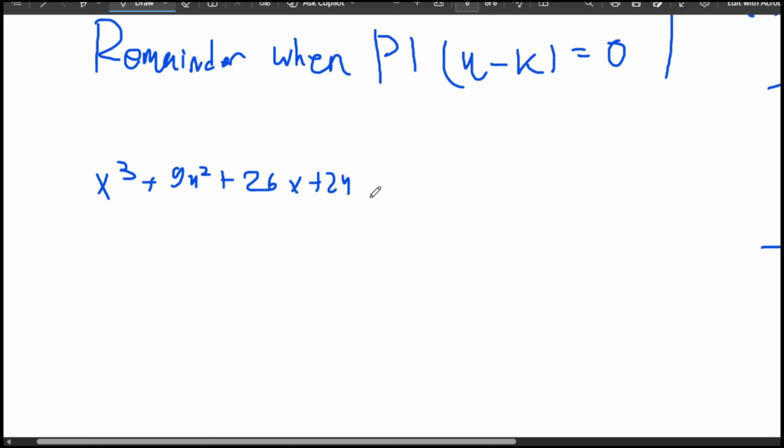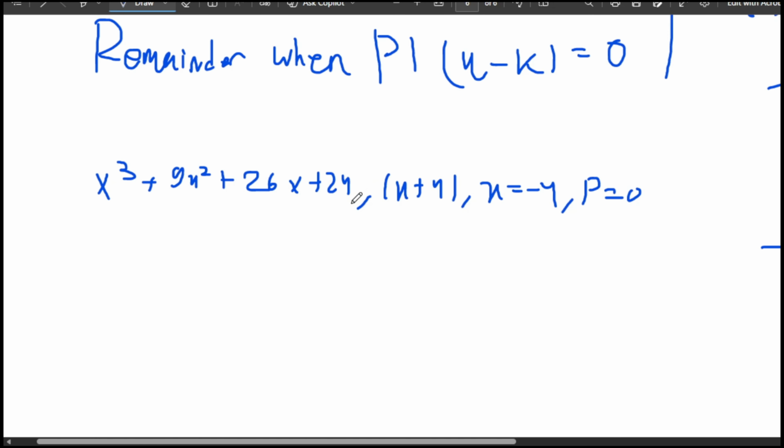And let's say we know that one of its factors is x plus 4. So when x equals negative 4, our polynomial is 0.